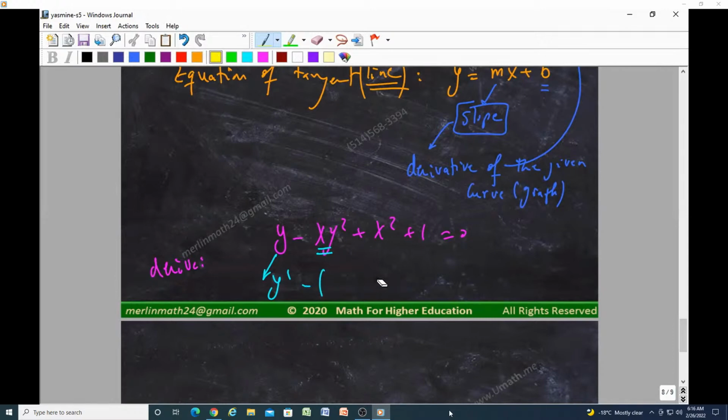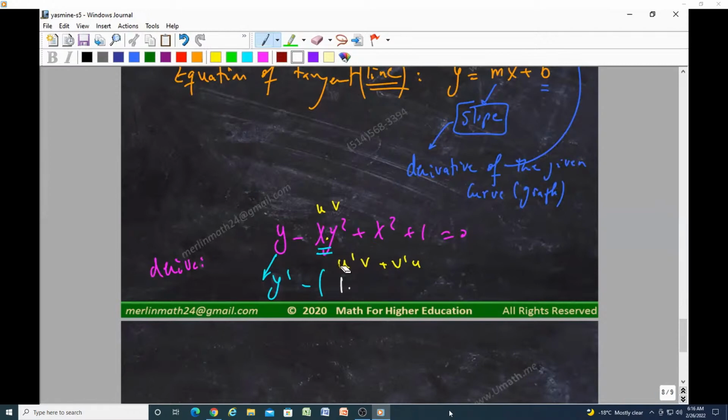So y prime. Apply the product rule because x and y are letters. So this is u and v. Your answer here would be u prime v plus v prime u. Can you fill in? What is the derivative of the x? It is 1. Derivative of the y squared is 2y y prime. No, sorry, we shouldn't derive the v yet.